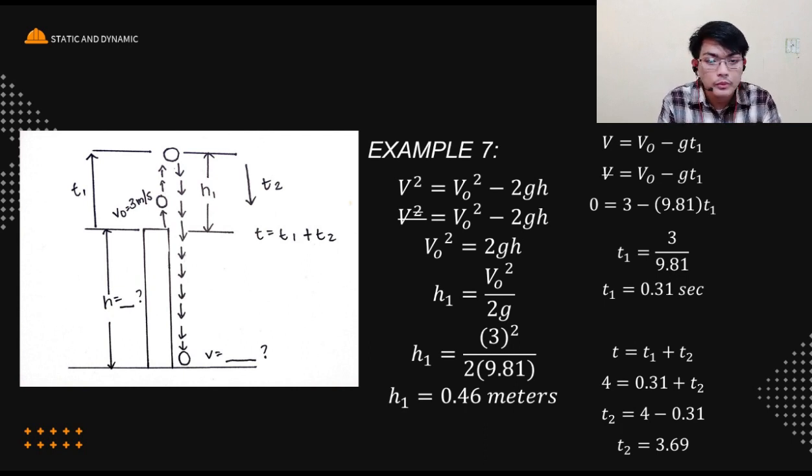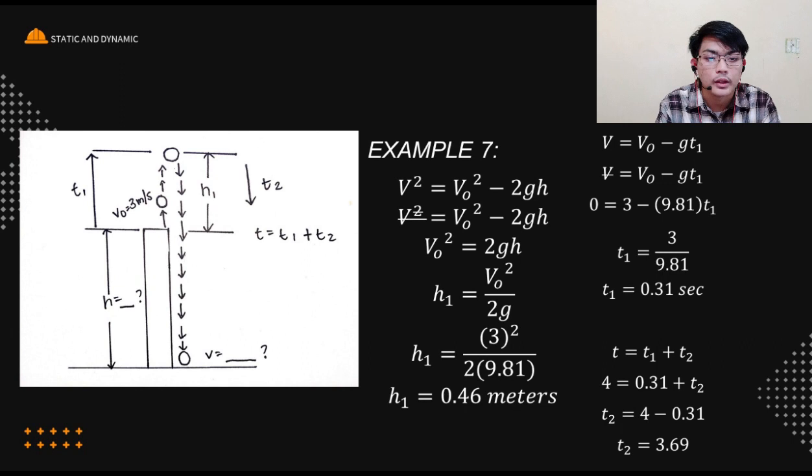Our time, as we explained before the ball hit the ground, is 4 seconds, equal to our first time that we have computed, which is 0.31, plus our t2, which is what we're going to look for. So to do this, we just transpose 0.31 to the left side, leading us with the equation t2 equals 4 minus 0.31, and then our t2 being equal to 3.36 seconds.